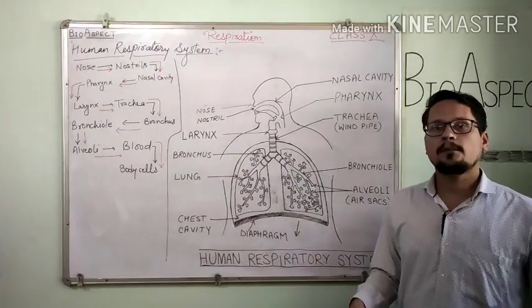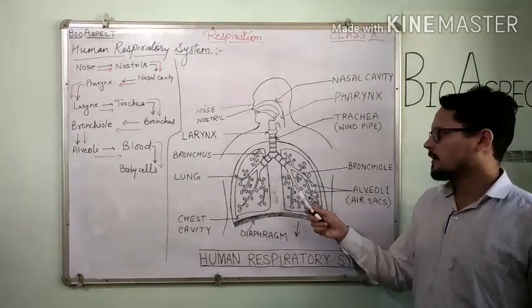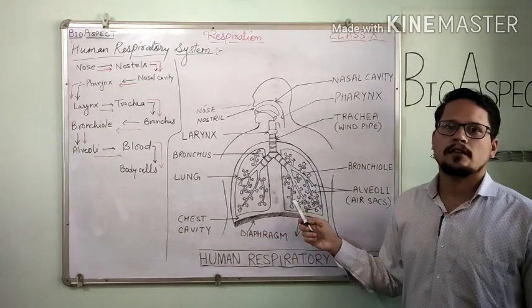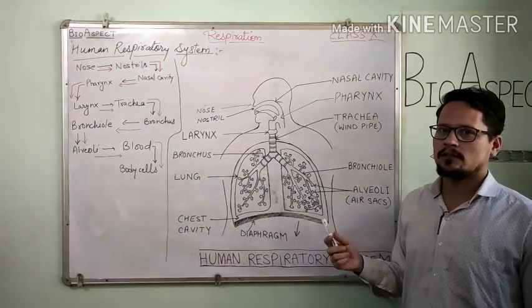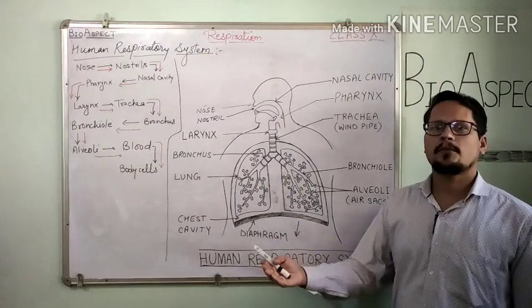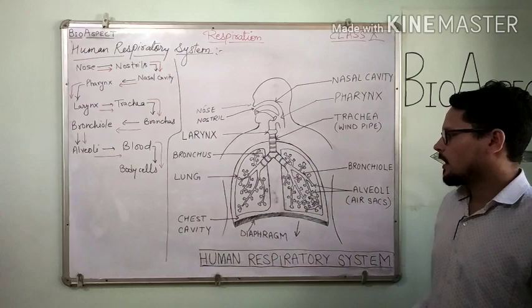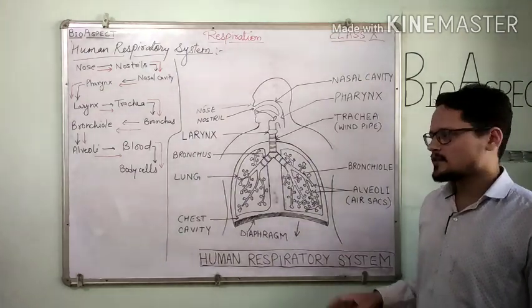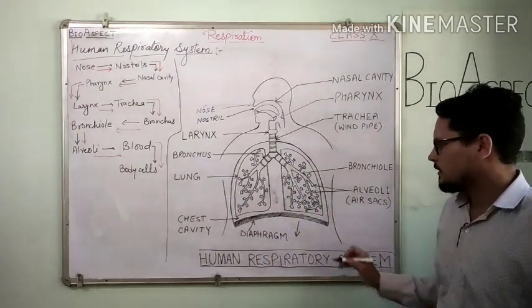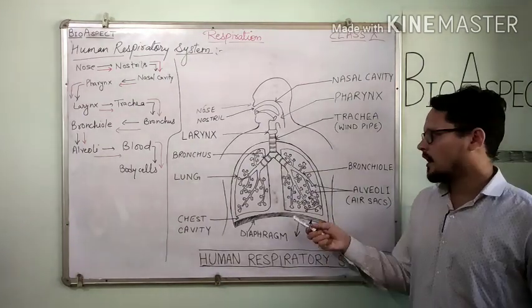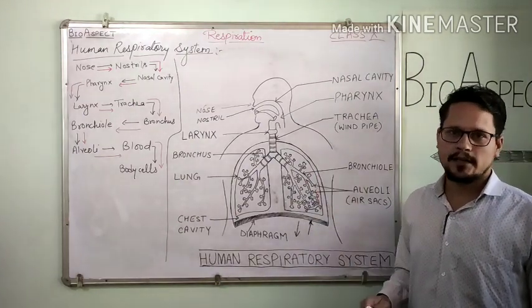Alright. During the process of exhalation, the air is exhaled out. It means the lungs reach their original position. Alright, at that time the rib cage also moves inwards. Okay, now the diaphragm also reaches its original position. It moves upwards because the lungs are also moving in the upward direction.